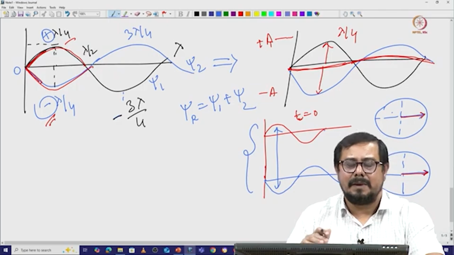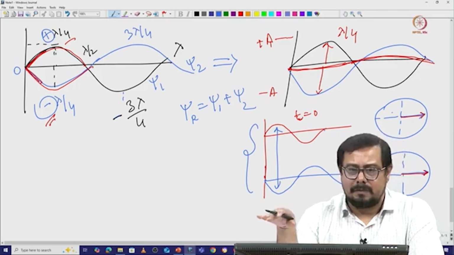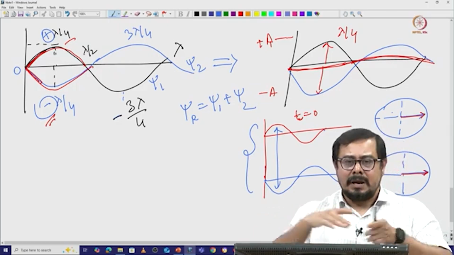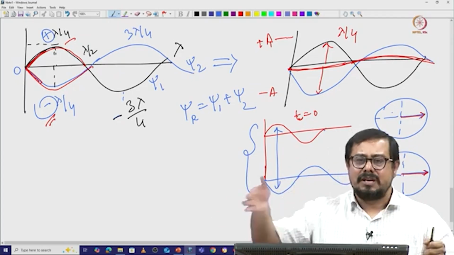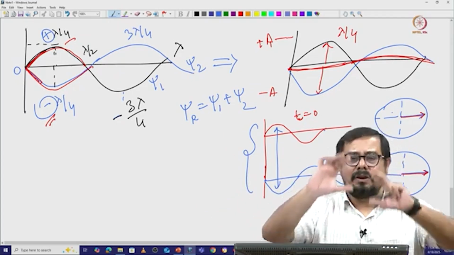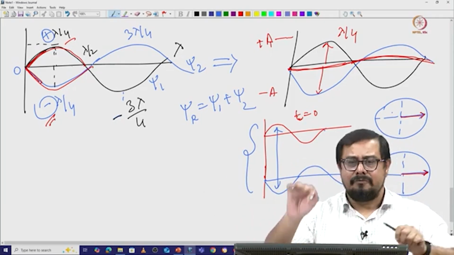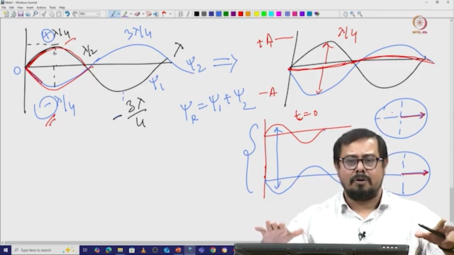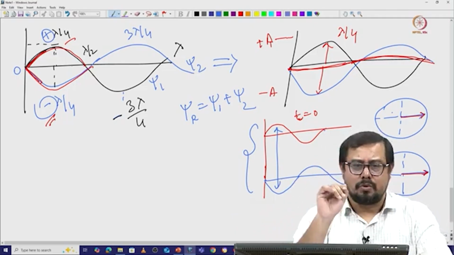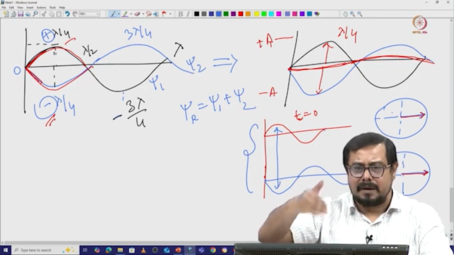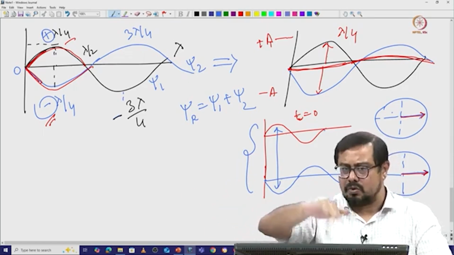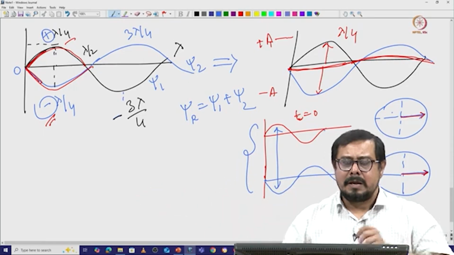Same example again: if we are standing in front of a sea beach, multiple small waves are coming. If there is no big wave, we can see only the small waves, multiple waves coming. Or in front of a pond or lake, we just throw a stone, what will happen? There will be a ripple, and that wave will go and spread.